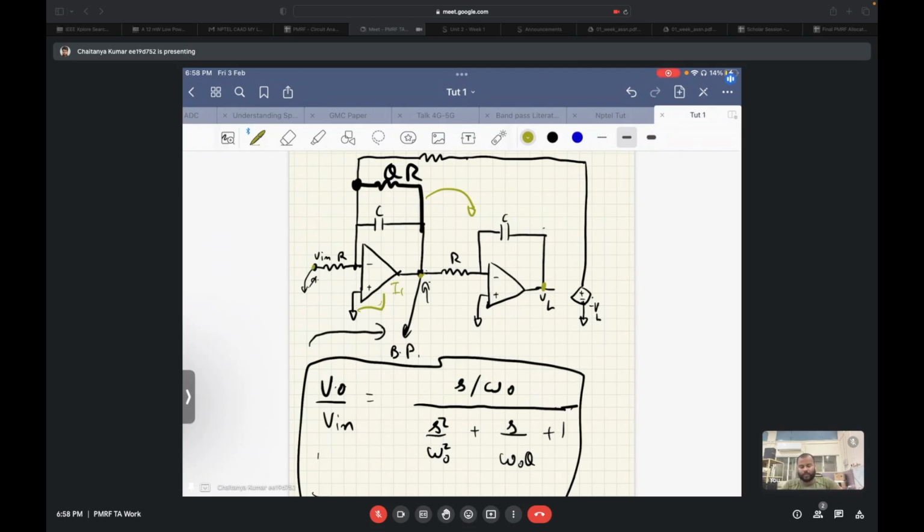So these kind of structures are known as active RC structures. There is another kind of structure that can be used to realize these filters, and those are known as GMC filters. So we will do one example of a low pass filter with the GMC case also, and analyze the transfer functions.